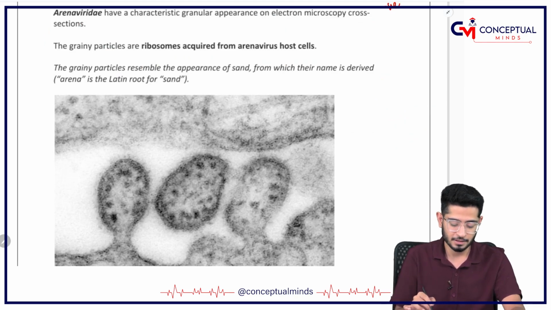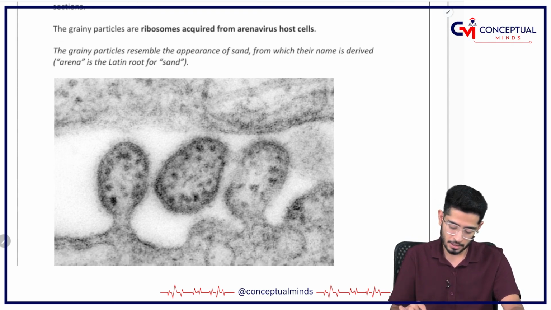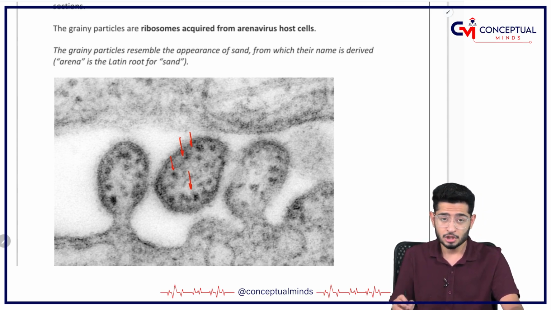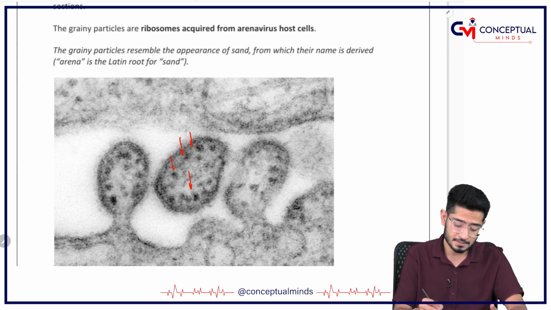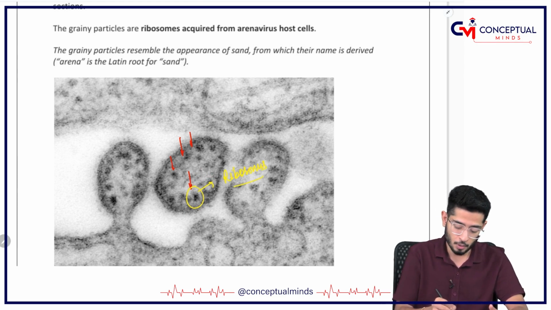Coming on to Arenaviridae, they have got a characteristic granular appearance on electron microscopy cross section. Can you see this granular appearance? So what are these grainy particles? These grainy particles are nothing, my dear friends, but the ribosomes which are acquired from the host cells.